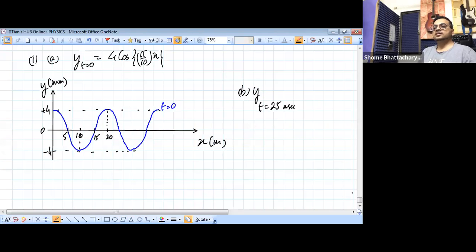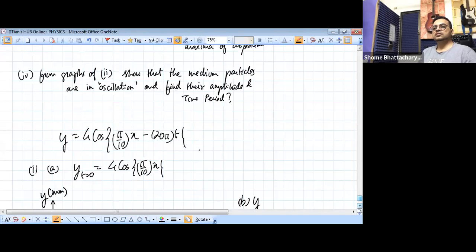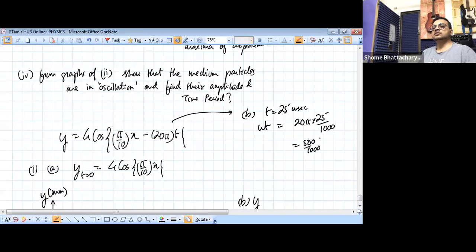At t equal to 25 milliseconds, in our original function, what will happen to the omega t term? It will become 20 pi into 25 milliseconds. So that's 25 by 1000, that's 500 by 1000 pi, or it will become pi by 2.